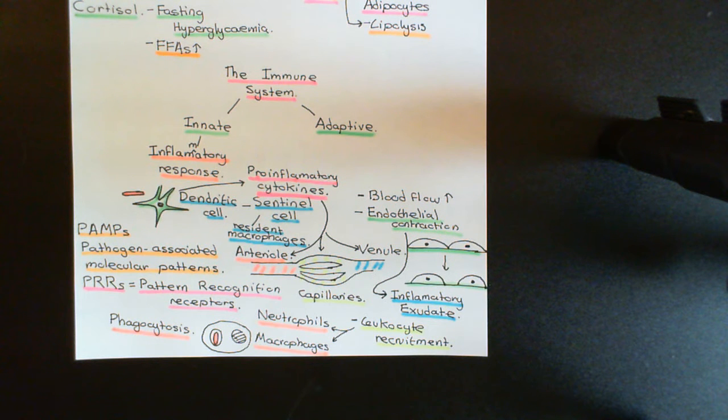Also the endothelial cells are going to be encouraged to start recruiting leukocytes into the interstitial fluid, so you'll start getting neutrophils and macrophages being moved from the bloodstream into the interstitial fluid, and they will start phagocytosing the pathogen. And that's the inflammatory response. That is the major way in which the innate immune system deals with an infection in a tissue.